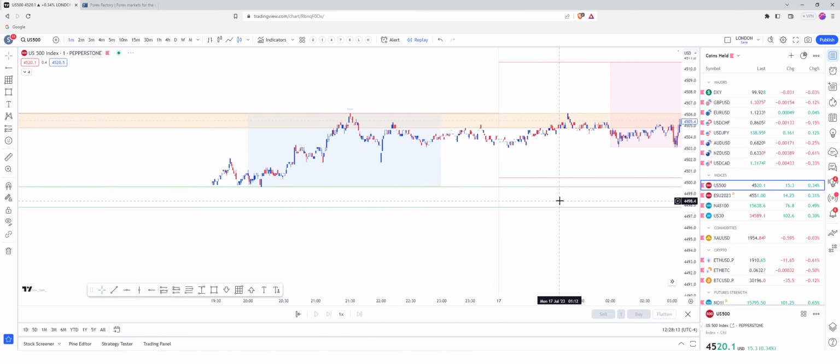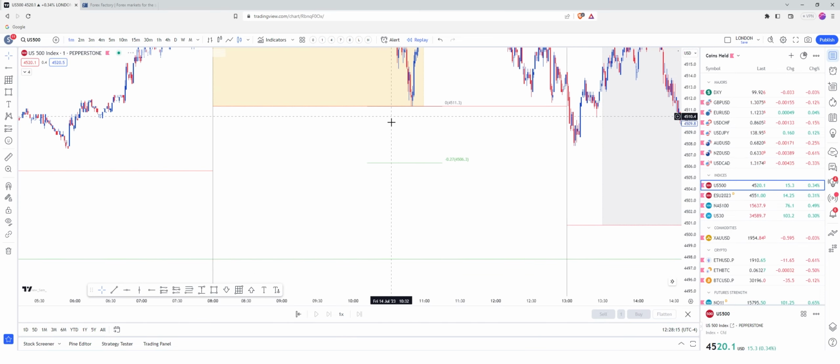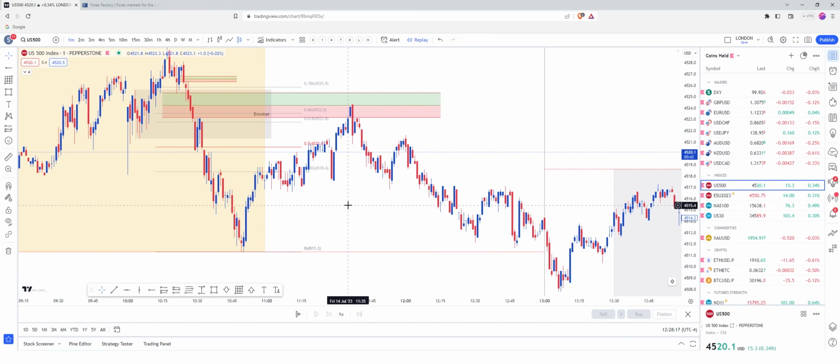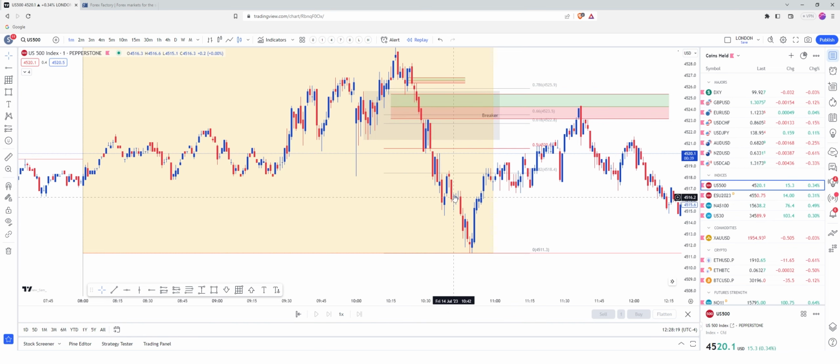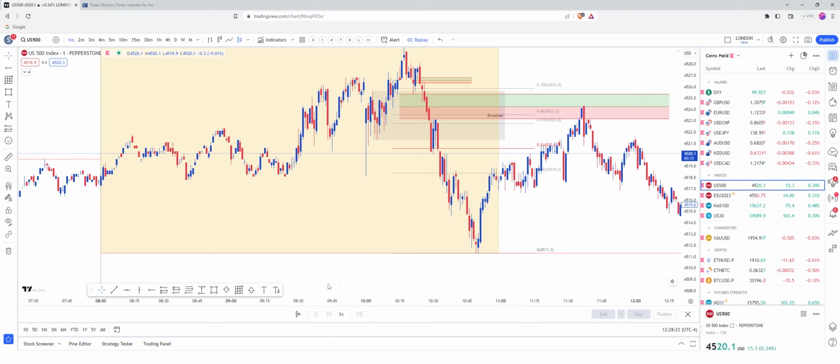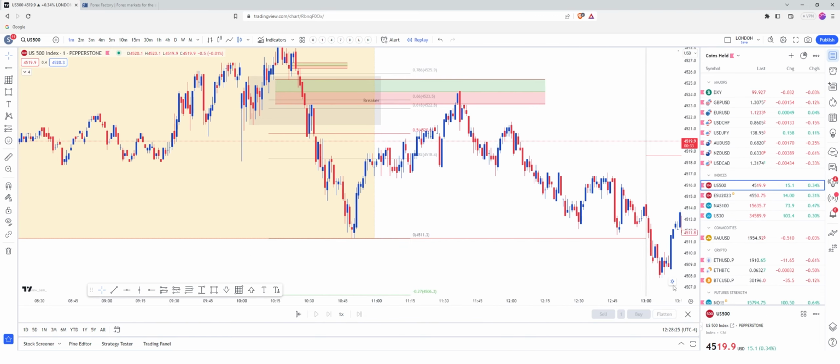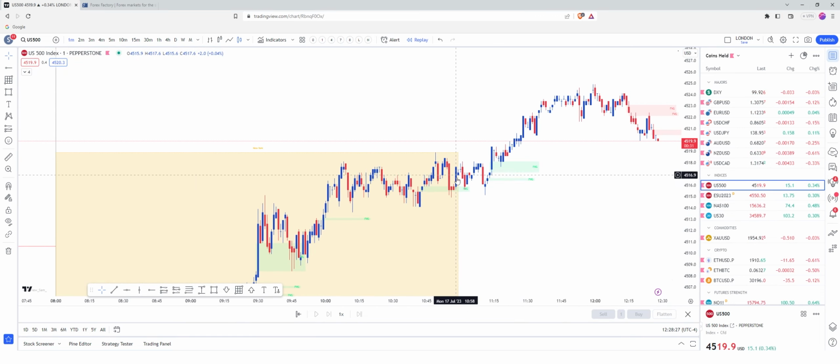When I'm trading US, I want to see something more like this, you know, where we've got proper movement in the market, as opposed to this broken up price action, tight, tiny little ranges. There's just no room to make any profit there.